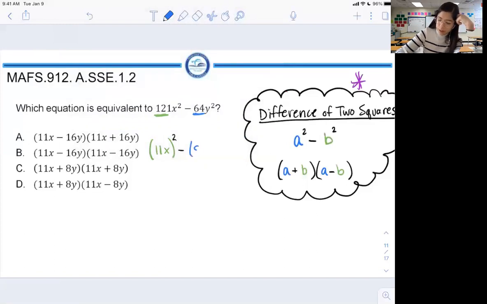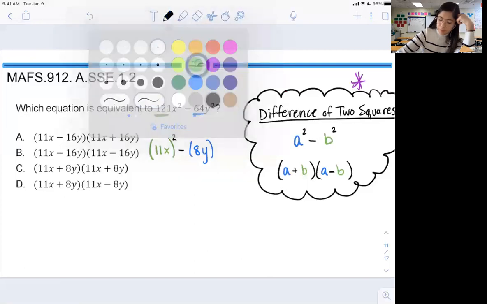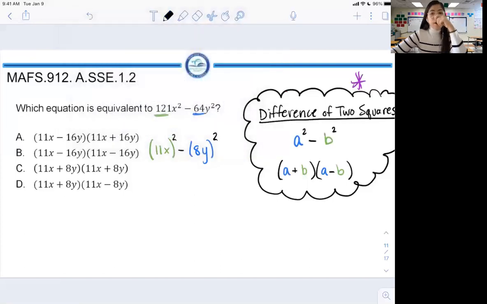So this would be 8y to the power of 2. So following the rule for a difference of two squares, how can I factor this, 11x squared minus 8y squared? What would be my two values?